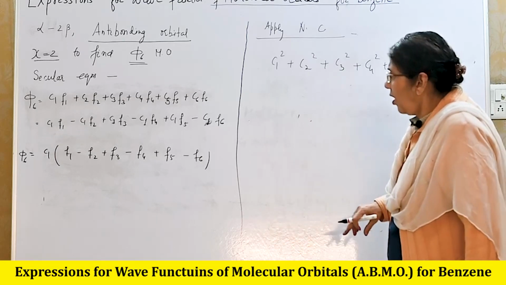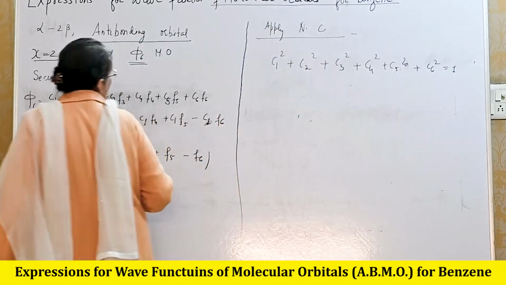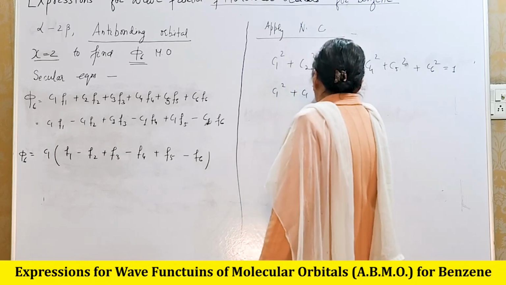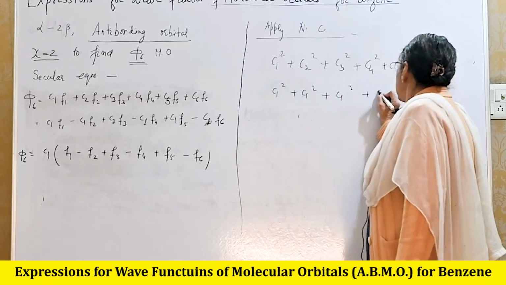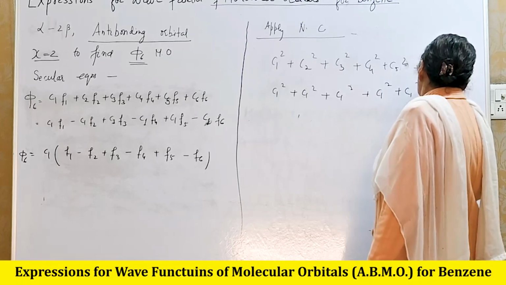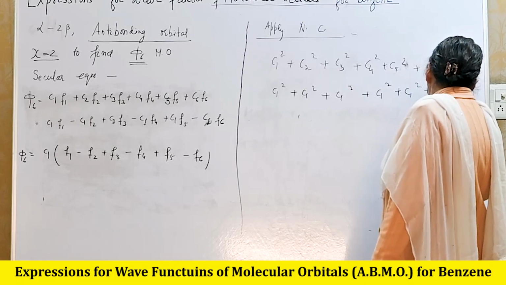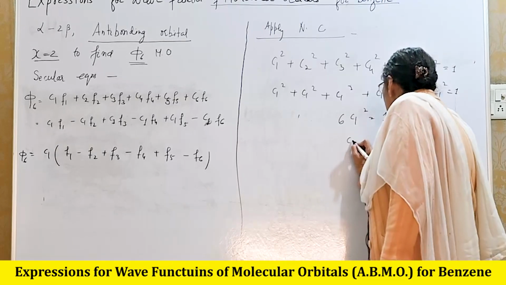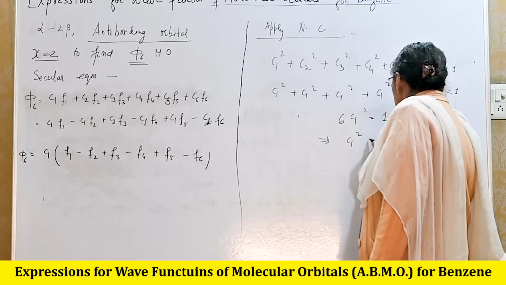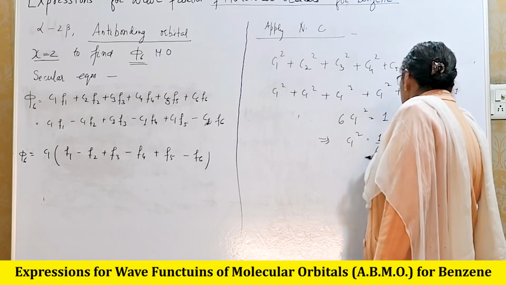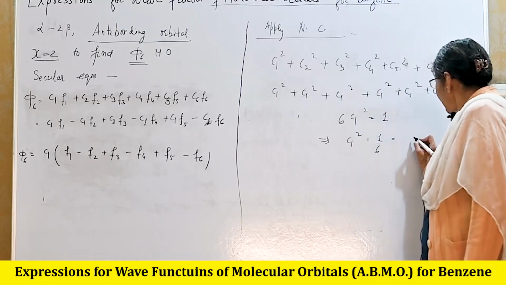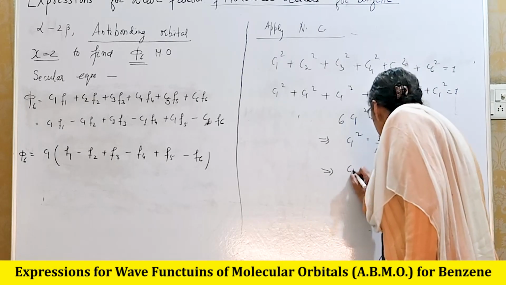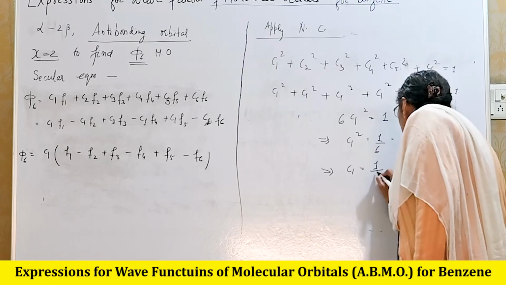So in square they will all be positive. So this is six times C1 square is equal to 1. This implies that C1 square is equal to 1 by 6, implies that C1 is equal to 1 by root 6.